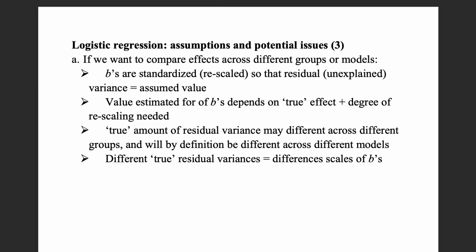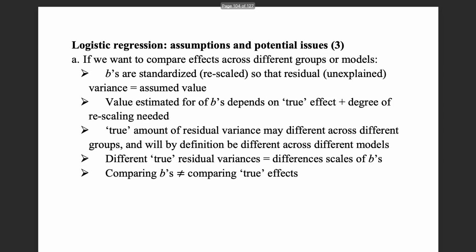which means that the different amount of true residual variance means that there is going to be a difference in how much we need to rescale our regression coefficients so that the residual unexplained variance in our model is taking that assumed value. So different amounts of true residual variance lead to different scales on which our B coefficients are expressed.